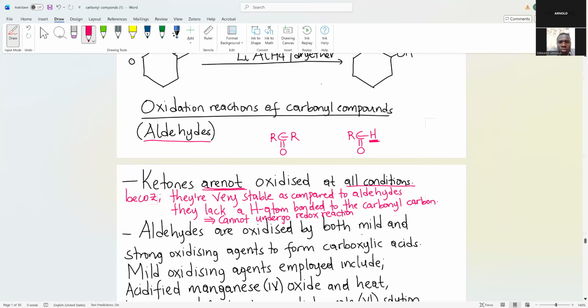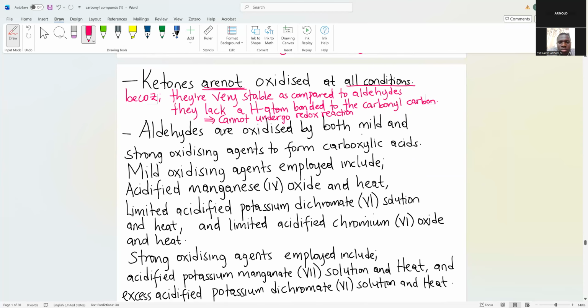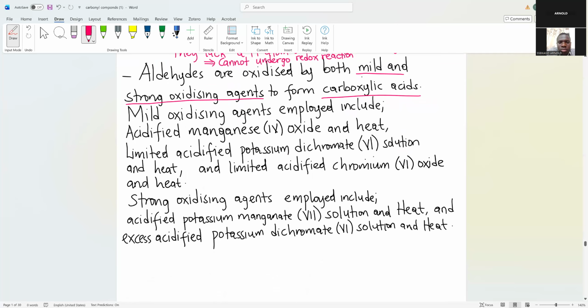So what are we saying here? I have explained why ketones are not oxidized. Aldehydes are oxidized by both mild and strong oxidizing agents. Whether I have a weak oxidizing agent or a strong oxidizing agent, the aldehyde is oxidized to a carboxylic acid. What are some examples of weak oxidizing agents?